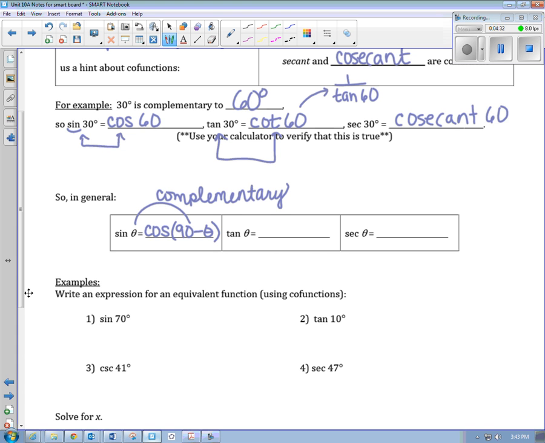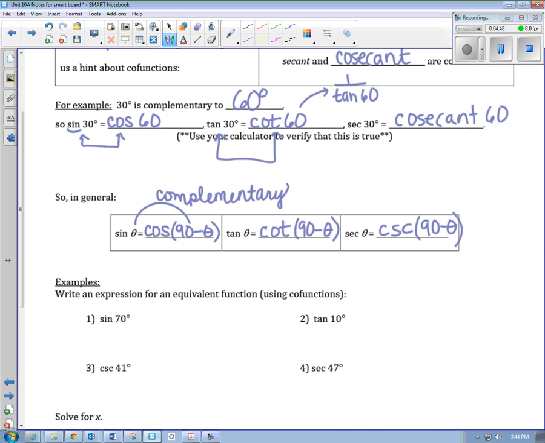The tangent of theta is equal to the cotangent of its complement. The secant of theta is equal to the cosecant of the complement of that theta angle.